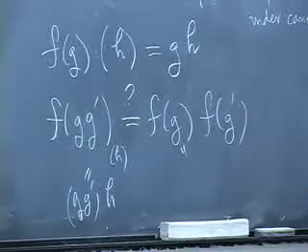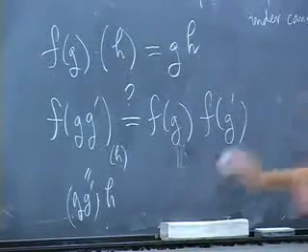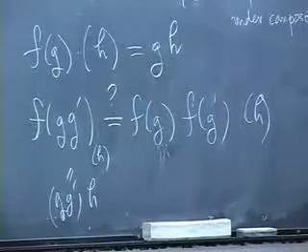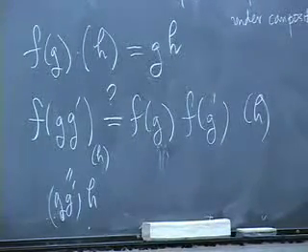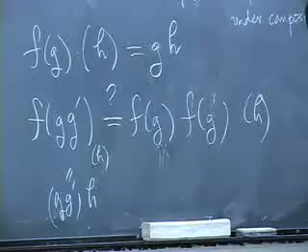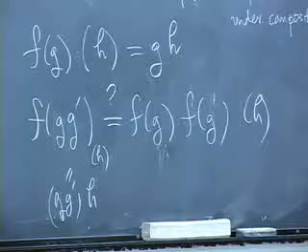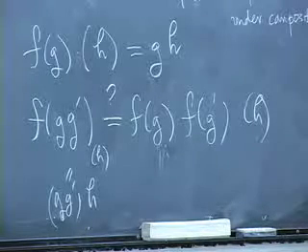So what does this take an element h to? First it says you multiply by... this isn't what I want. Is this honestly an isomorphism of groups?